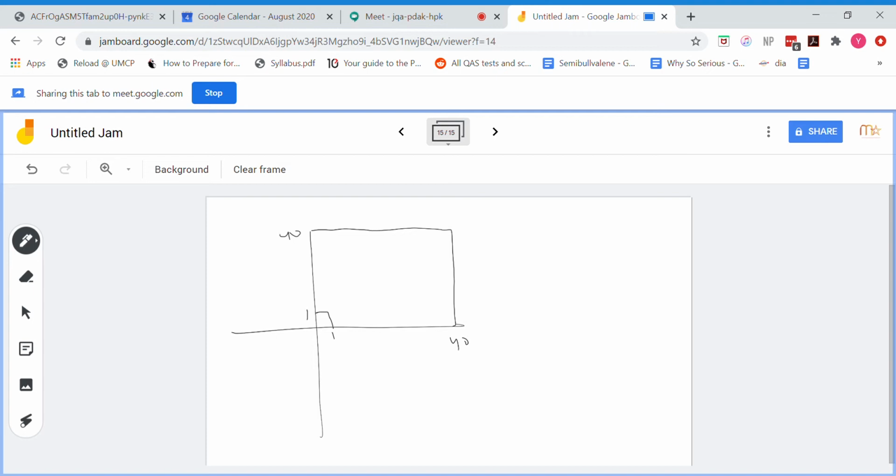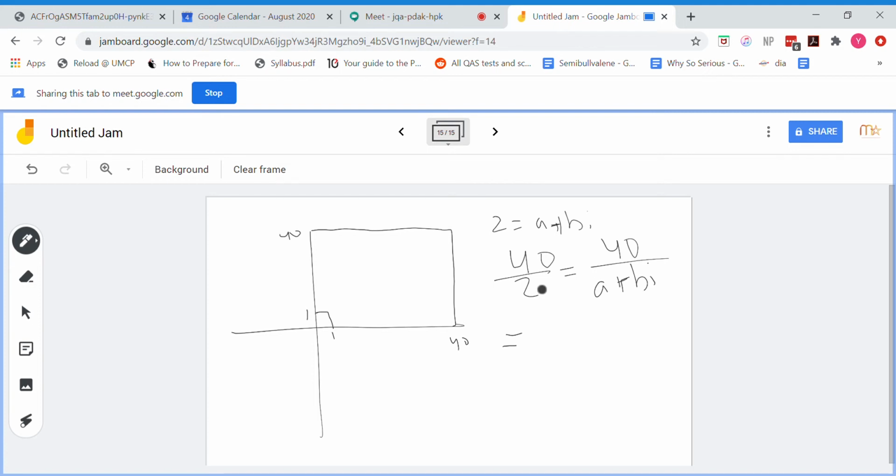Now let's see what we can do with the condition that 40 over Z also lies in this square. So let's take Z equals A plus Bi. That's always a good first step. Then 40 over Z equals 40 over A plus Bi.